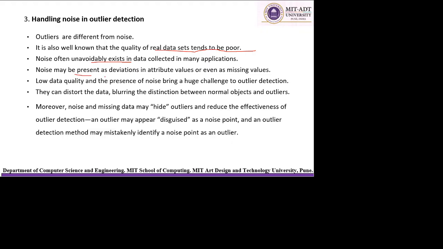Noise may be present as deviation in the attribute values, or we may have some missing values in our data. So low data quality and the presence of noise bring a huge challenge in outlier detection. They can distort the data and blur the distinction between the normal objects and the outliers.